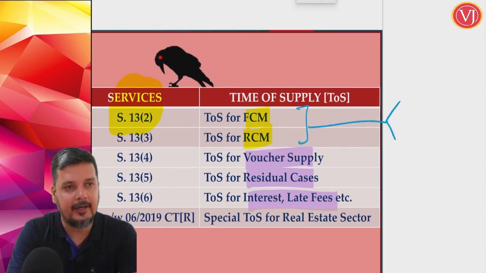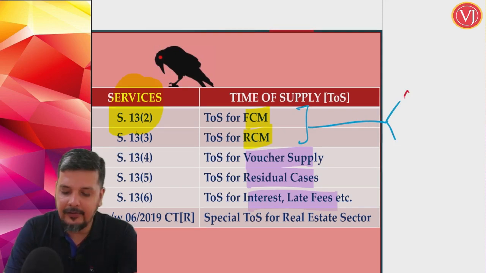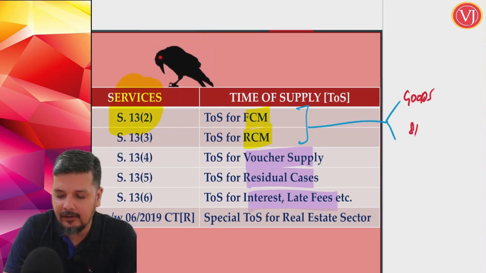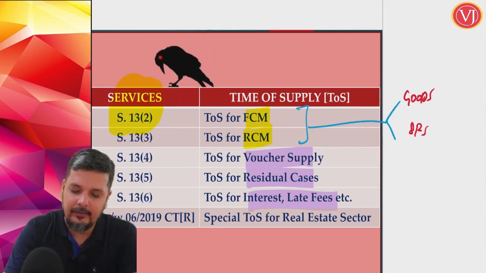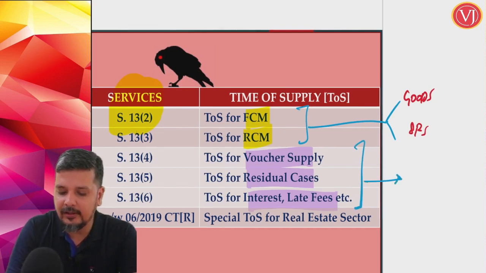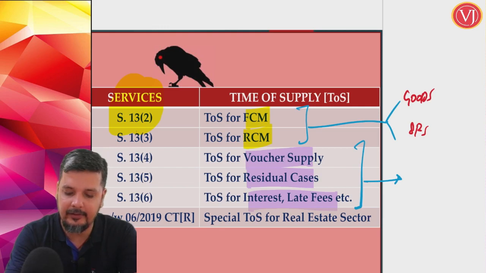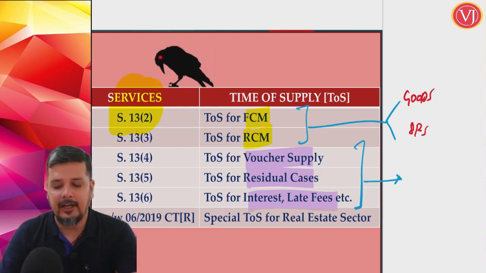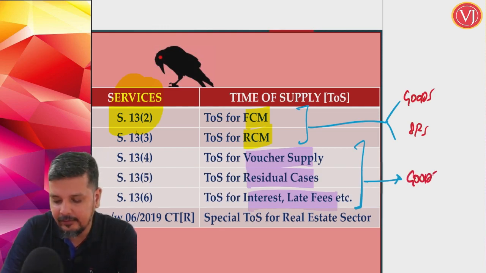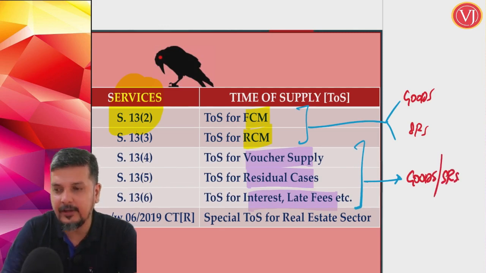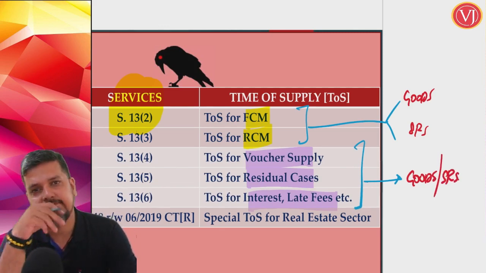It is very much separate. Answers are different for goods and answers are different for services. When you talk about time of supply for voucher supply, residual cases, or interest, late fees or penalty on delayed payment of consideration, whether it is goods or services, it is the same.